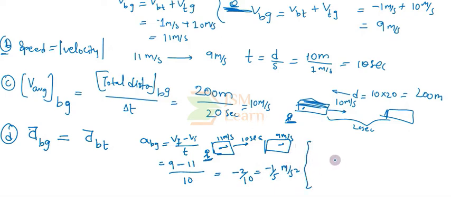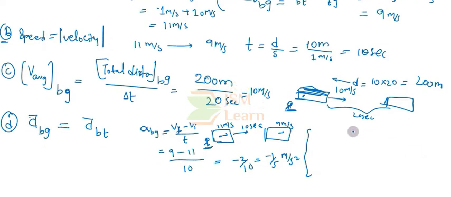Now, the acceleration of the ball with respect to the train. In order to understand this, when the ball was moving with a velocity of 1 meter per second, we have to assume ourselves as a compartment of the train.